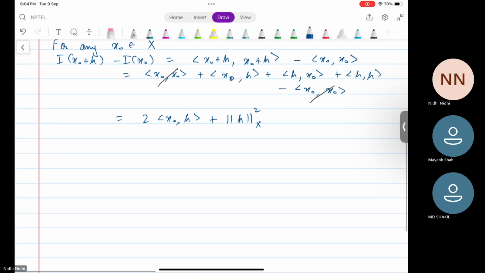So this implies I of x naught plus h minus I of x naught minus dI x naught h.